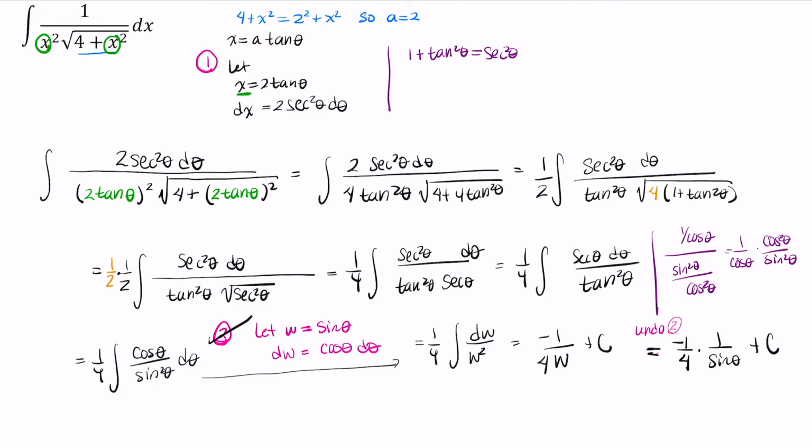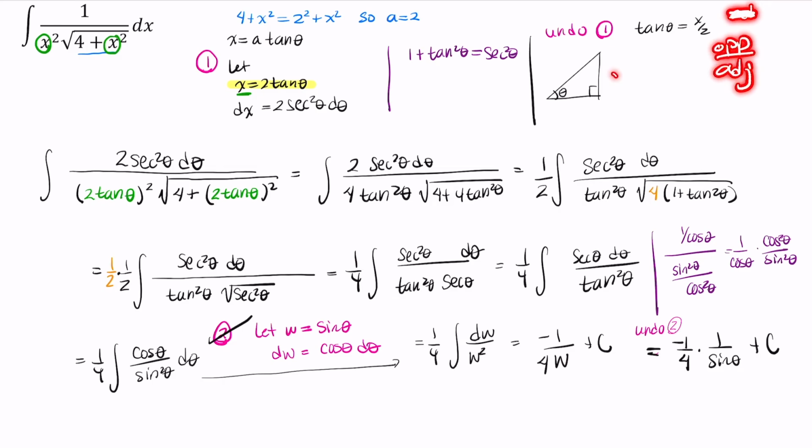So this is a little trickier, so let's undo the first change of variables. And so for that, we need to use this fact here. We know x equals 2 tangent theta. So tangent theta equals x over 2. And now I can sketch a triangle here. This angle is theta. Well, we know tangent is opposite over adjacent.